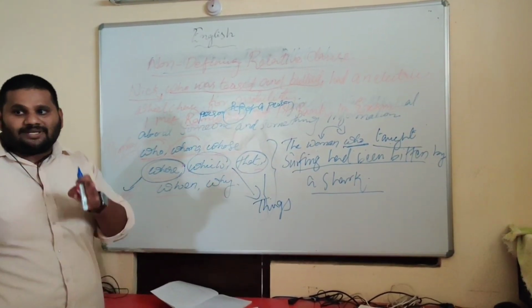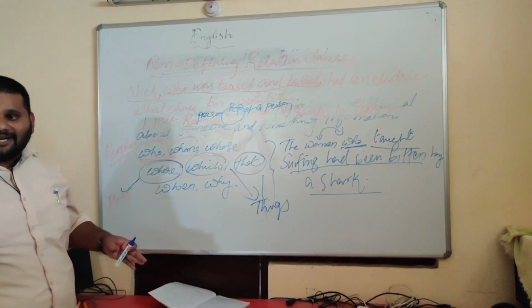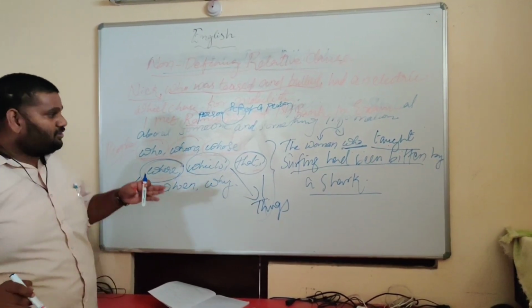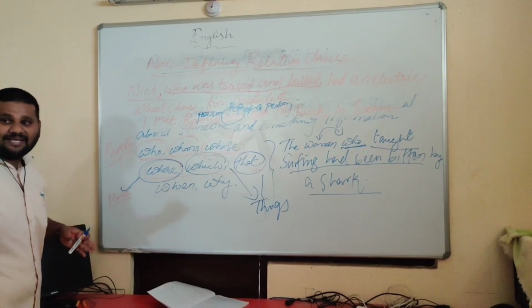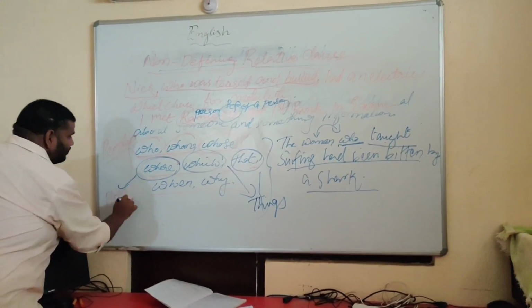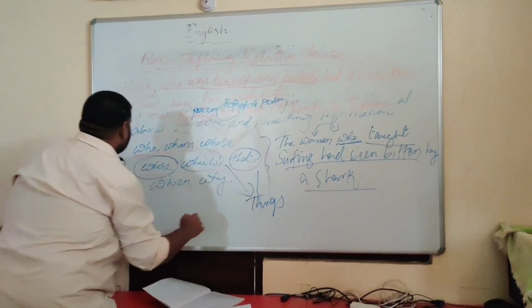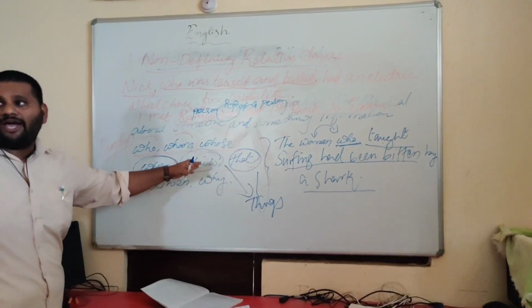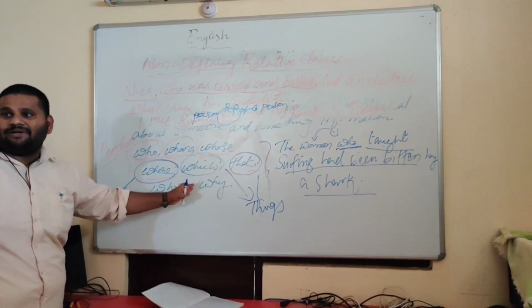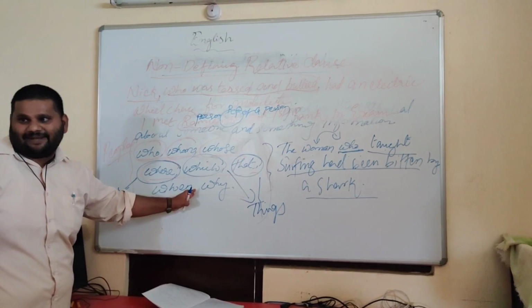Dear students, you must understand that a sentence that describes with a relative pronoun, that means a sentence which has whose, who, whom, which, where, these are all things to look for there.